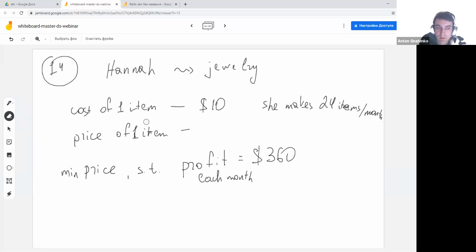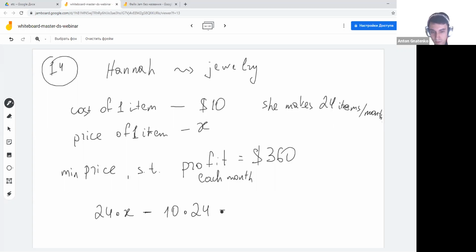Let's say that the price equals X, and just write down the equation. She produces 24 items and sells each at the price X. So this is the money she gets at the end of the month, but she also needs to pay $10 for the production of each item. There were 24 items, hence 10 times 24 is the cost she needs to pay for the details and for the materials.